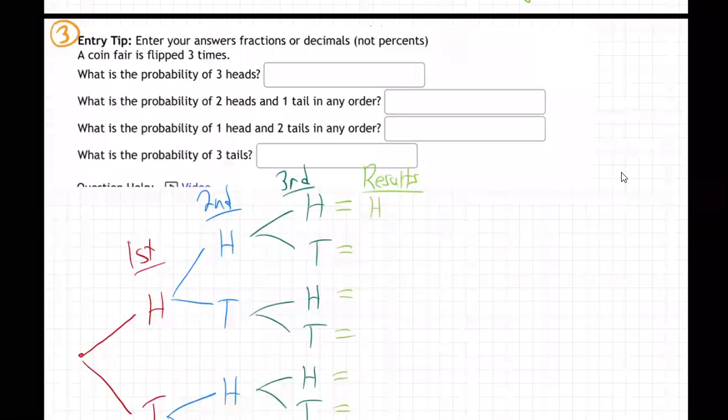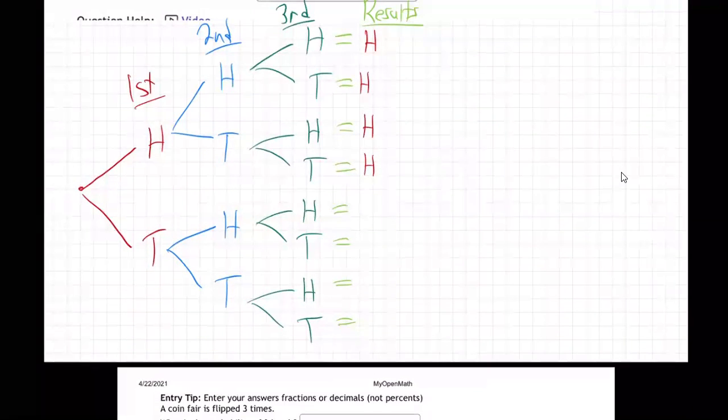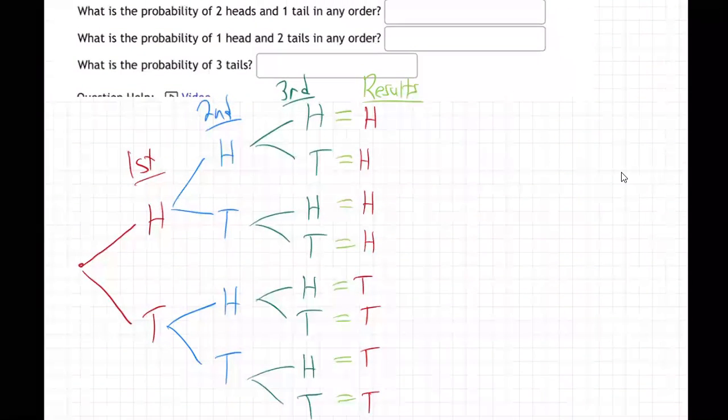Results. So head, well here, let me do it better, with the colors, so it's easier to see what I'm talking about. So this will be head, head, tail.